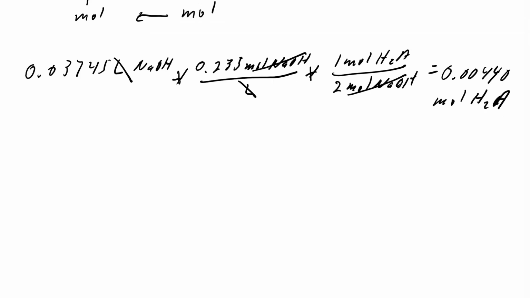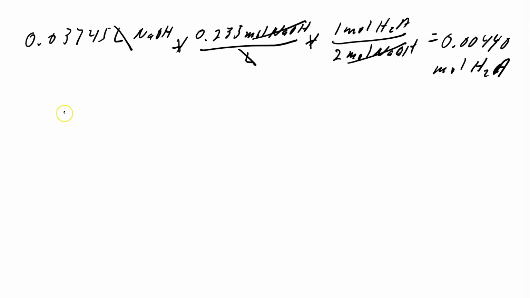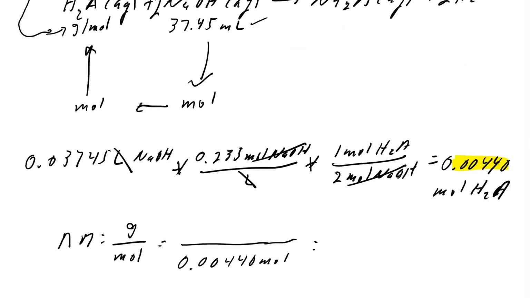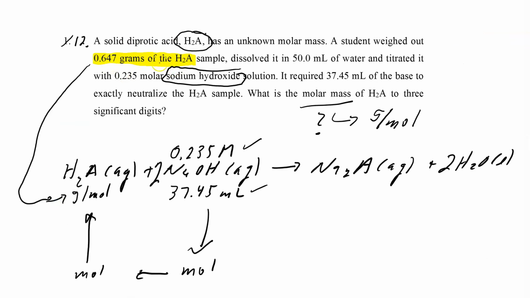So we're looking for the molar mass. So let's write out our equation here. Our molar mass is grams per mole. Now we just calculated moles right here. Let's highlight the number. So that's our denominator. So let's put that number in downstairs first. Doesn't matter the order. We have 0.00440 moles. Now the grams upstairs is what was weighed out in the problem. So let's go back to the beginning, and we're told it's highlighted 0.647 grams of the acid.